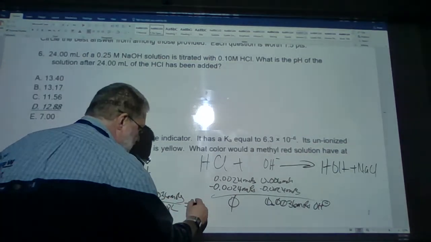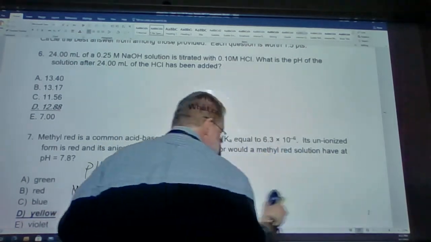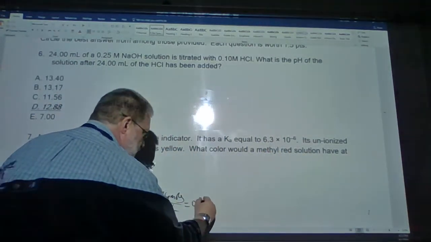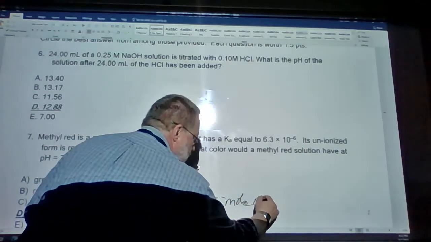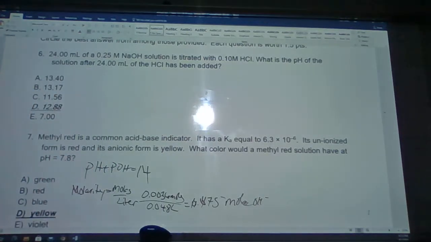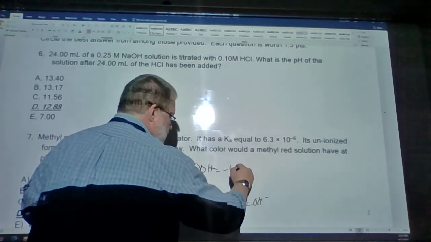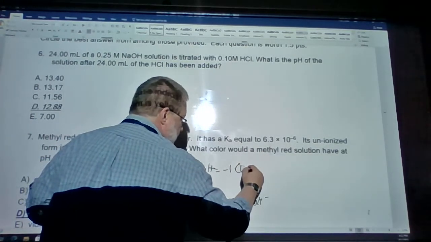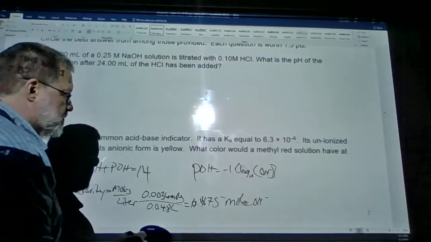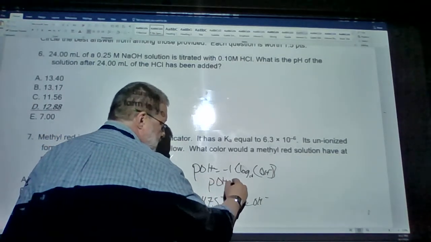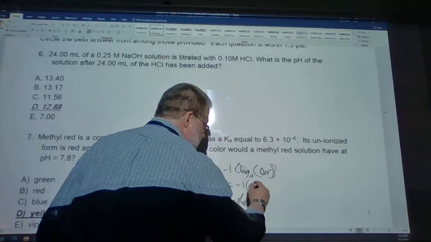I get 0.075 molar OH minus concentration. pOH is equal to -1 times the log base 10 of our hydroxide anion concentration. pOH equals -1 times the log base 10 of 0.075.